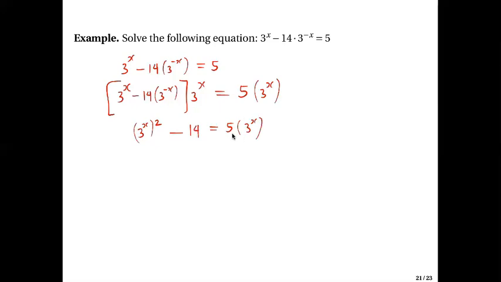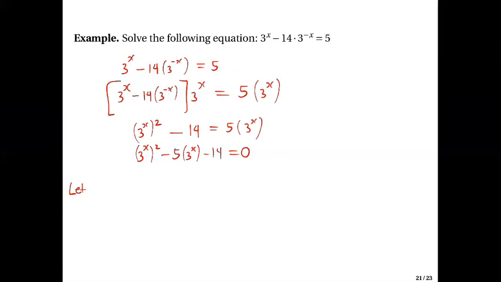And then we can move this to the other side of the equation. You will have 3 to the x quantity squared minus 5 times 3 to the x minus 14 equals 0. And then just like before, if you are not comfortable looking at this, you can do substitution.